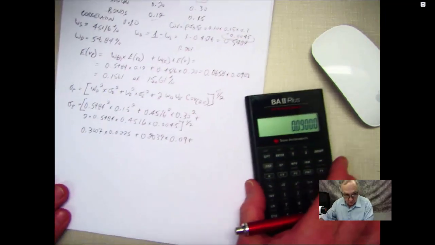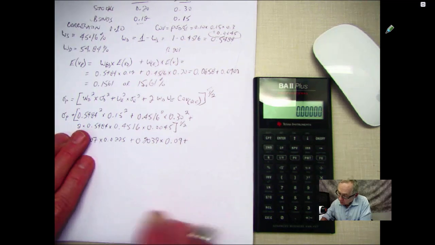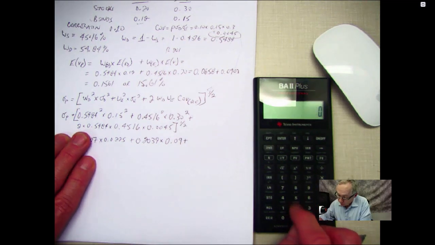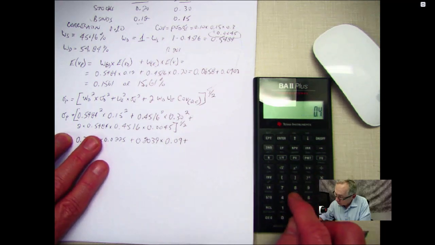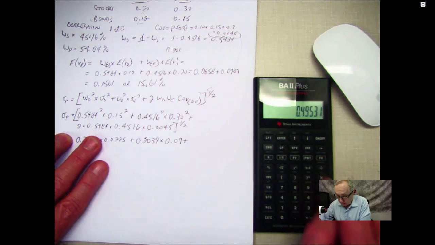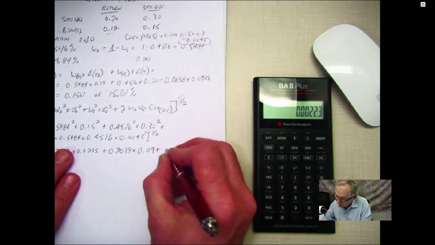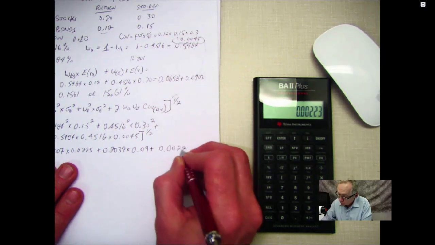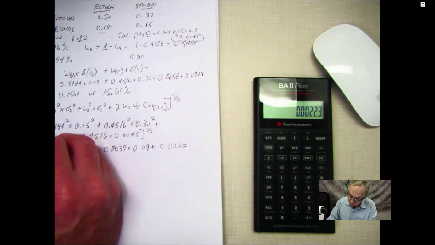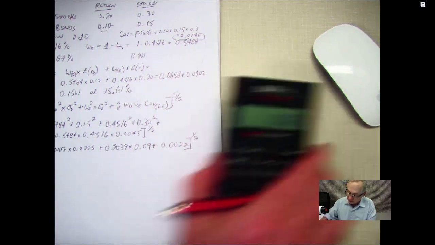And then plus, let's work through this last piece: 2 times 0.5484 times 0.4516 times 0.0045 is 0.0022. Okay. However, all of that is variance, so again to the 1/2.